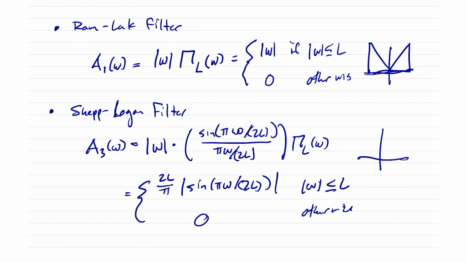Yeah, so then we end up being at 1, more or less, or actually 2L over pi when we get up to L. And so ultimately this looks like this.